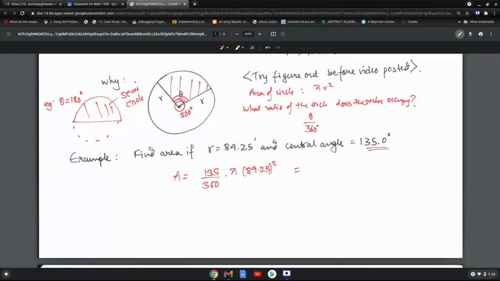Remember, whenever doing calculations involving pi, use the pi button on the calculator. You should verify that it comes out to 8,362.21 square feet. This unit is important. The unit is always going to be in square when you are working with areas.